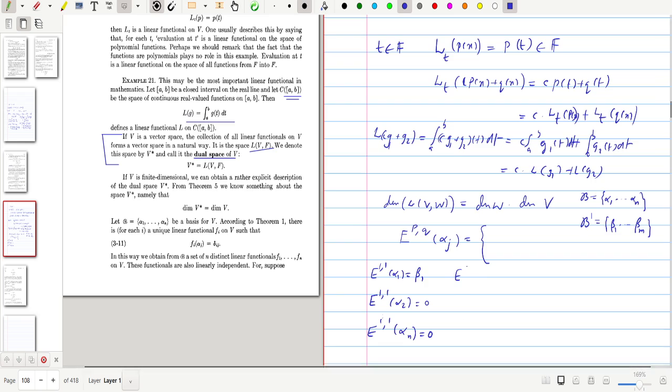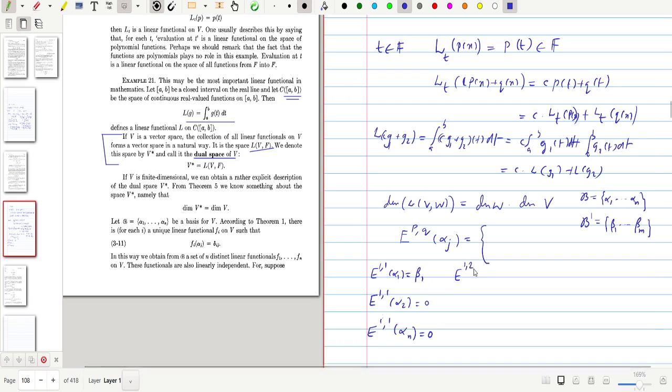Similarly, E21 of alpha 1 is equal to beta 2. This defines a linear transformation from V to W, because if we choose a basis for V and any n vectors from W, you can construct a unique linear transformation. That is E11 here.